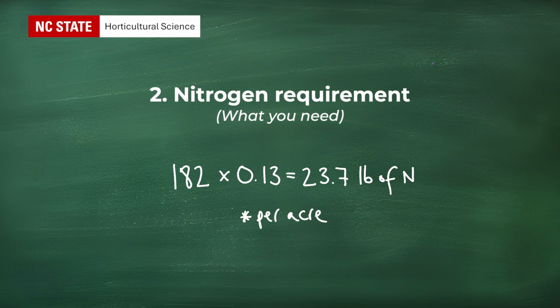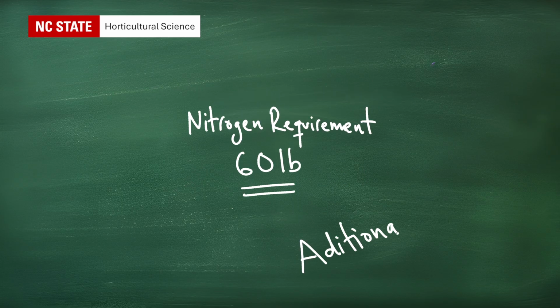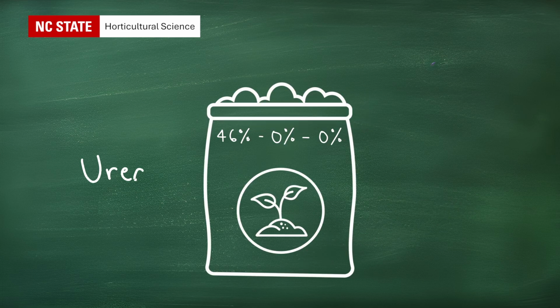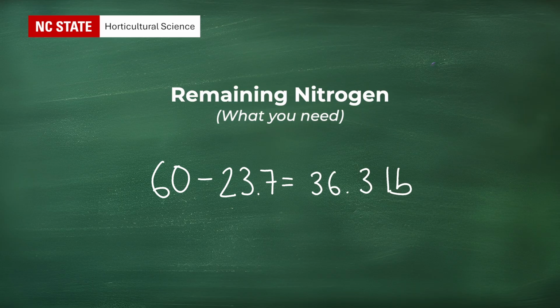by potassium nitrate. Since your nitrogen requirement is 60 pounds, you will need an additional source, maybe urea, to supply the remaining. So you're going to take your 60 pounds, subtract the 23.7 pounds of nitrogen already provided by the potassium nitrate, and that's going to give you 36.3 pounds that are still required in your final recommendation.